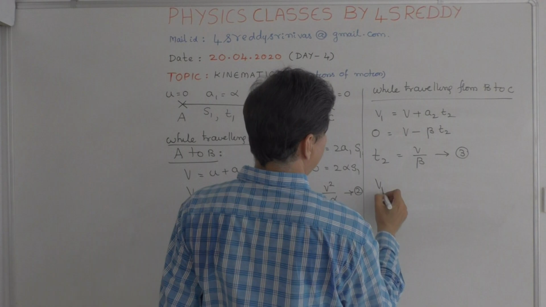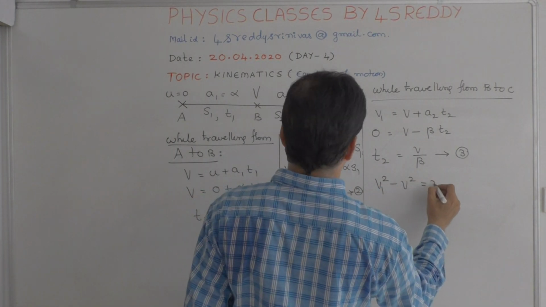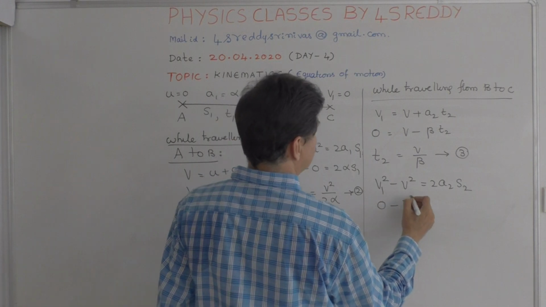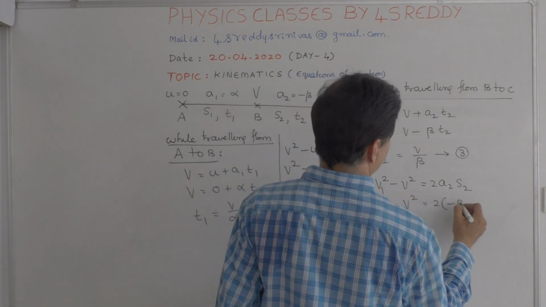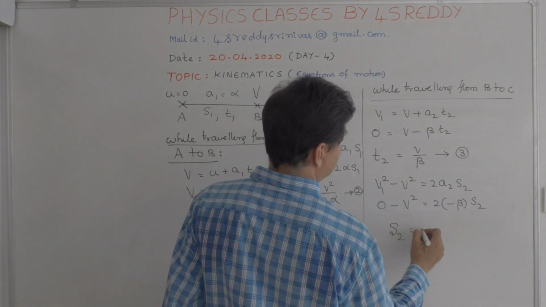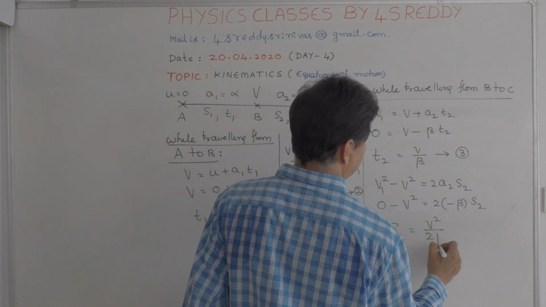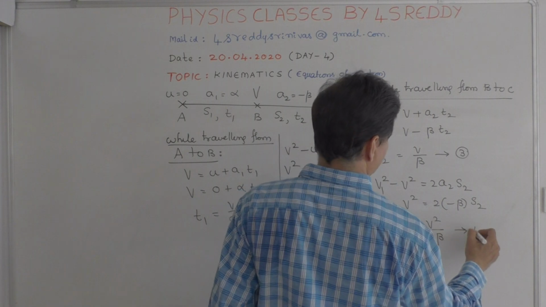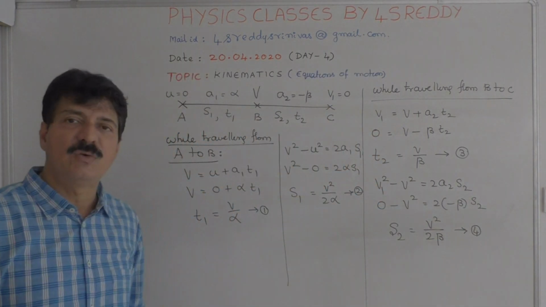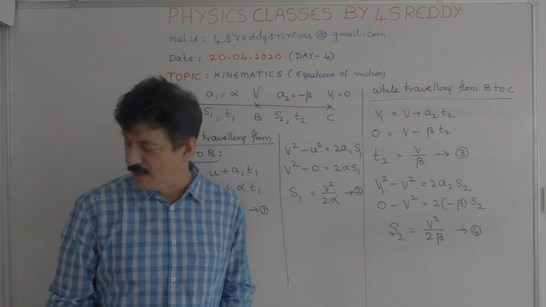Then V1² − V² = 2 a2 s2. That is 0 − V² = 2 into minus beta into s2. Therefore, s2 = V² by 2 beta. Because this minus minus cancelled, V² by 2 beta is the formula.